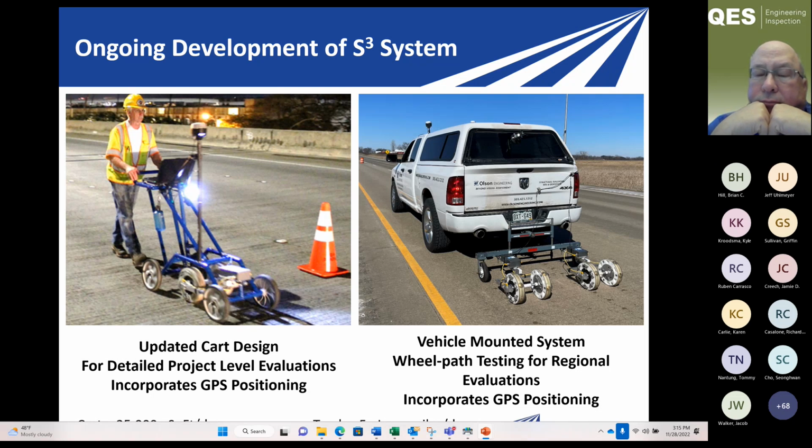Our estimated testing rates with the vehicle mounted system, we can do probably 5 lane miles a day or so. We go about a mile an hour, so depending on how long your day is, 5 to 10 lane miles per day with the vehicle mounted system. And with the cart, we typically can cover 25,000 square feet or more in a day.